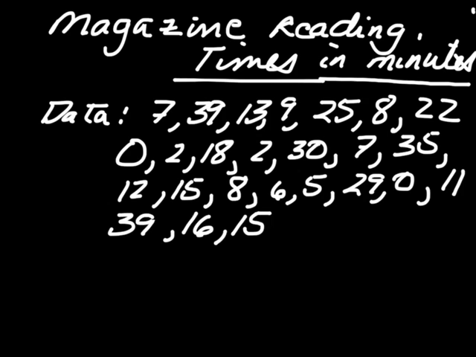So the first thing we want to talk about in making a frequency table is creating what we call classes. What I have above is a set of data of magazine reading times by students, in minutes, in, say, a library, and this was a class of students. I want to know how long they're actually reading the magazines, given that they're going to the library.